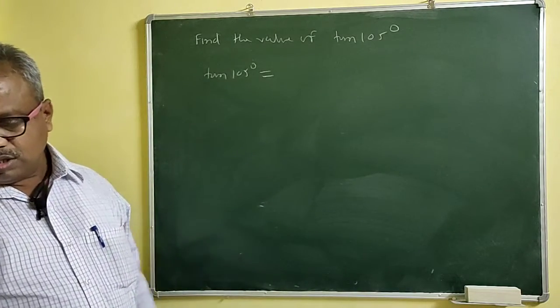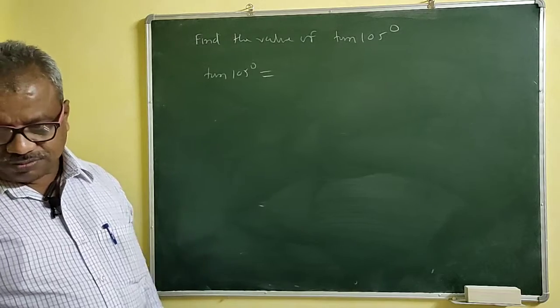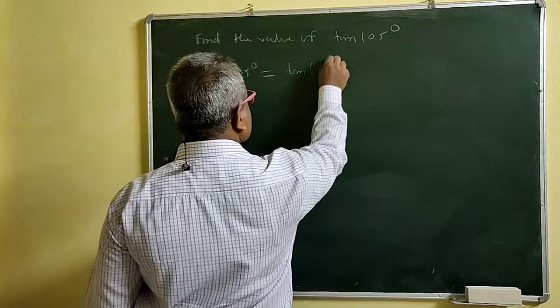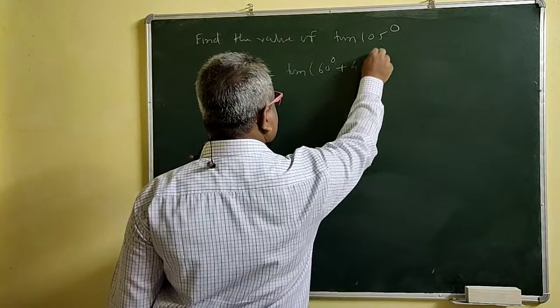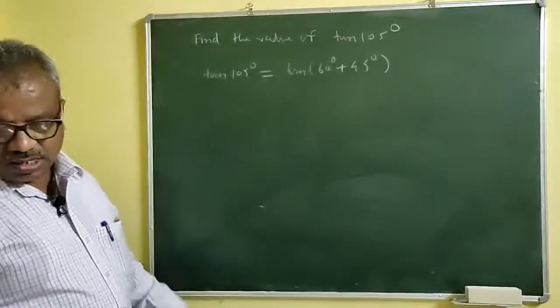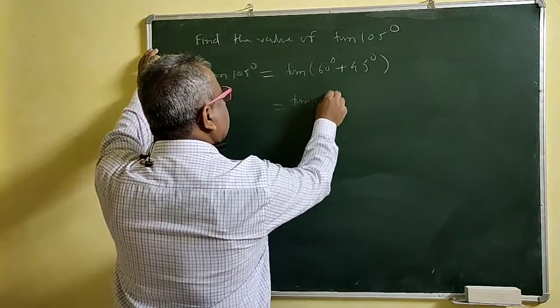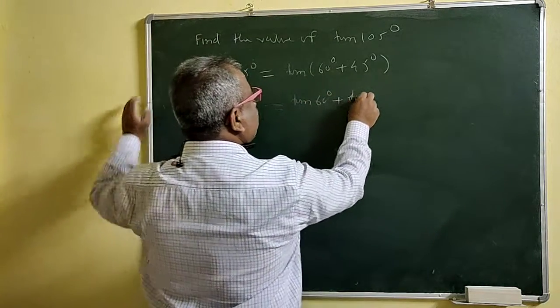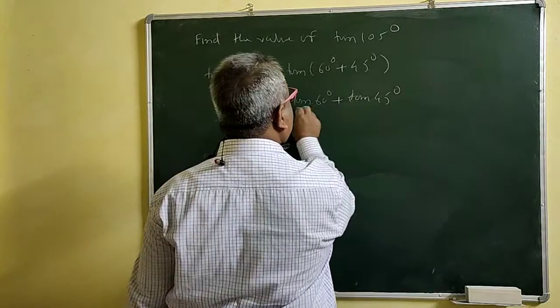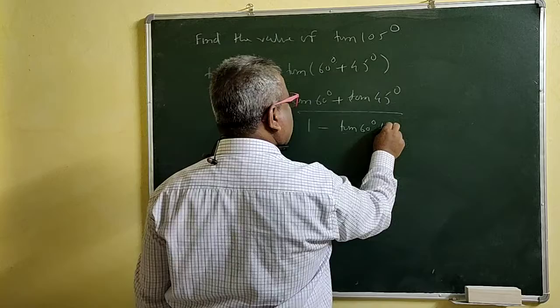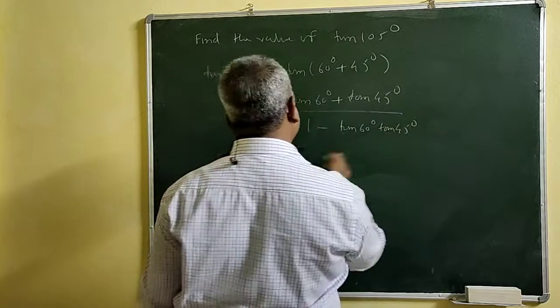Instead of that, write 60 plus 45. So tan of 60 degree plus 45 degree. Apply the formula: tan 60 degree plus tan 45 degree upon 1 minus tan 60 degree tan 45 degree.